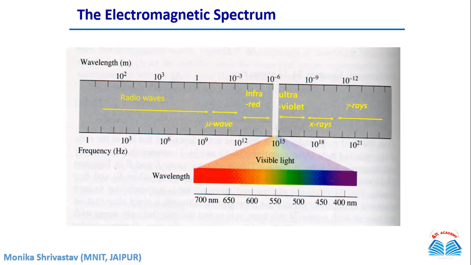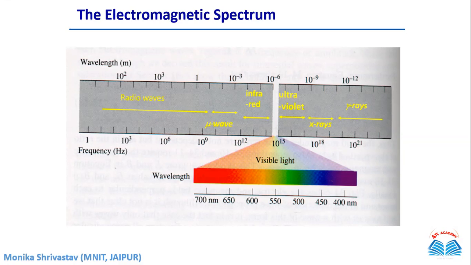When we observe this spectrum, we find some frequency range for radio waves, some for microwaves, some for infrared, some for ultraviolet, some for X-rays, gamma rays, etc.